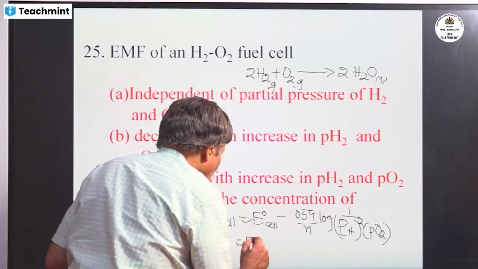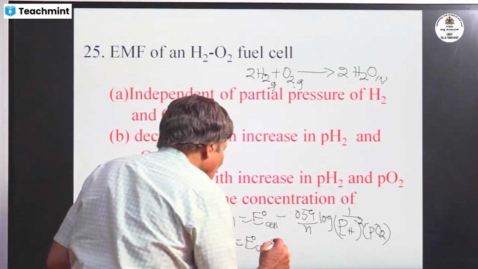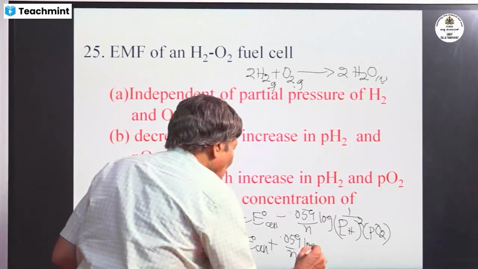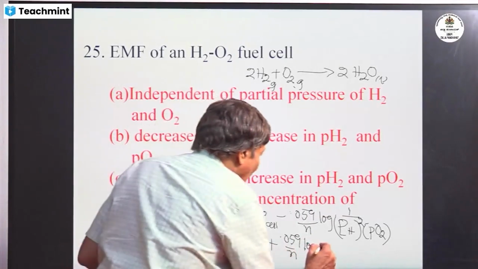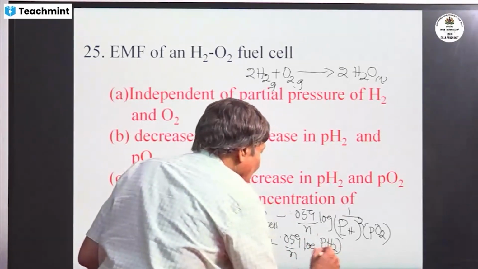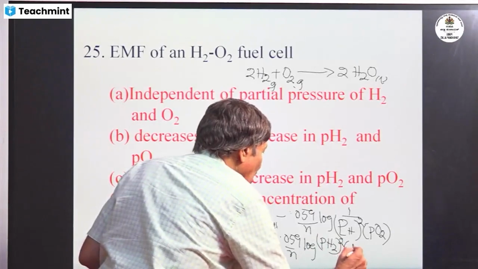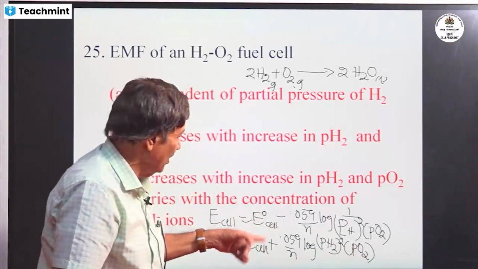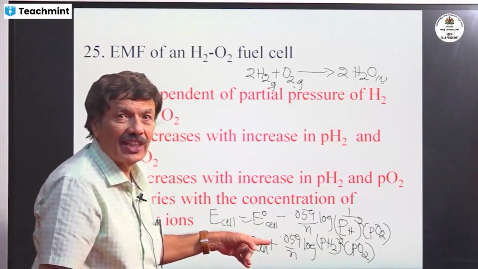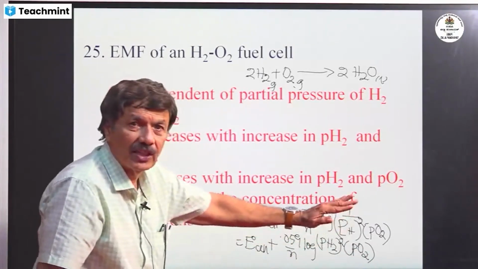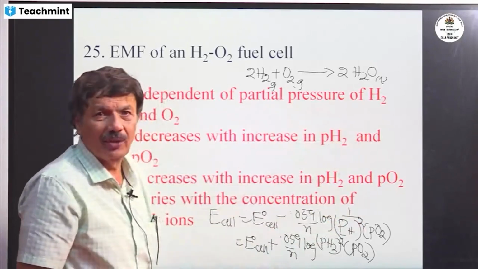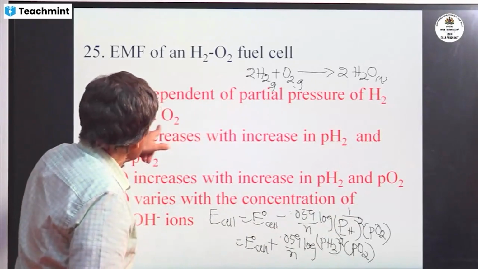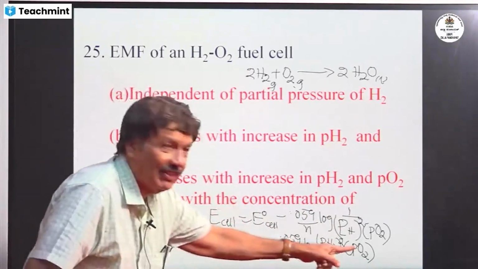E naught of the cell plus 0.059 by n log to the base 10 of, I change here, partial pressure of hydrogen comes in the numerator, so also partial pressure of oxygen. Agree? I changed the negative sign to a positive sign. Now see here: independent of partial pressure of H2 and O2, never, because both are there in the equation.